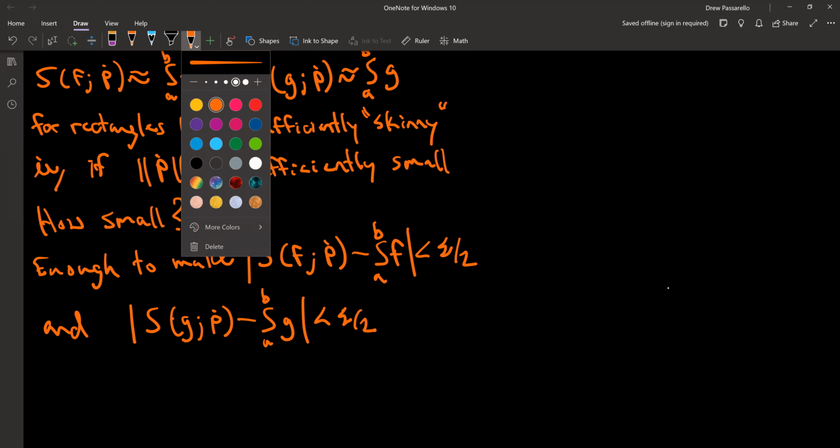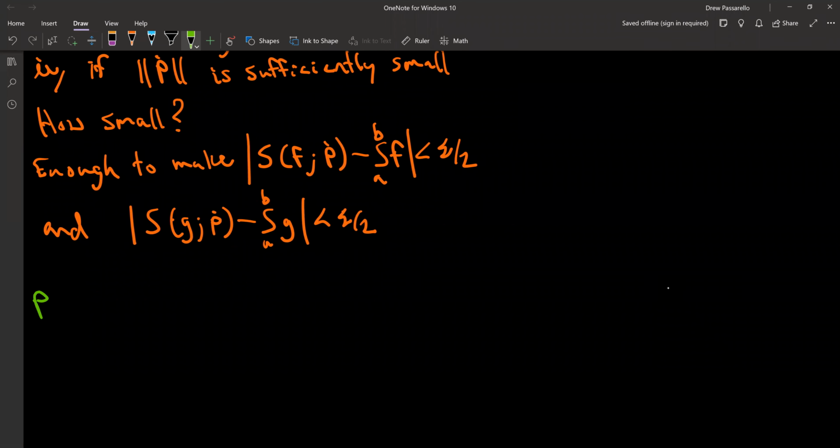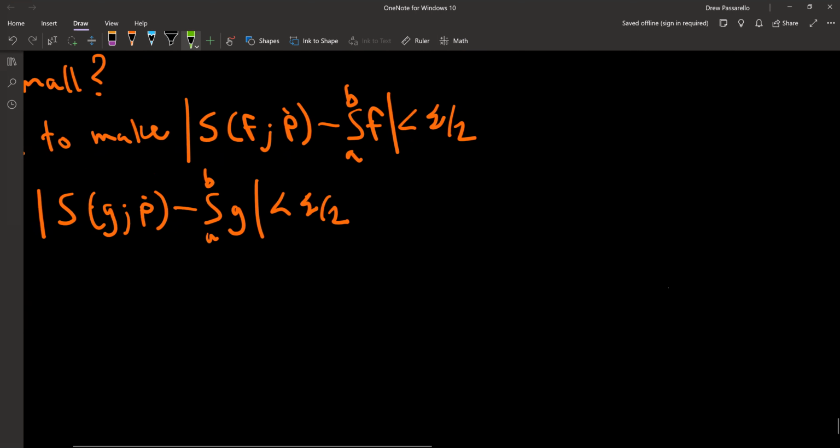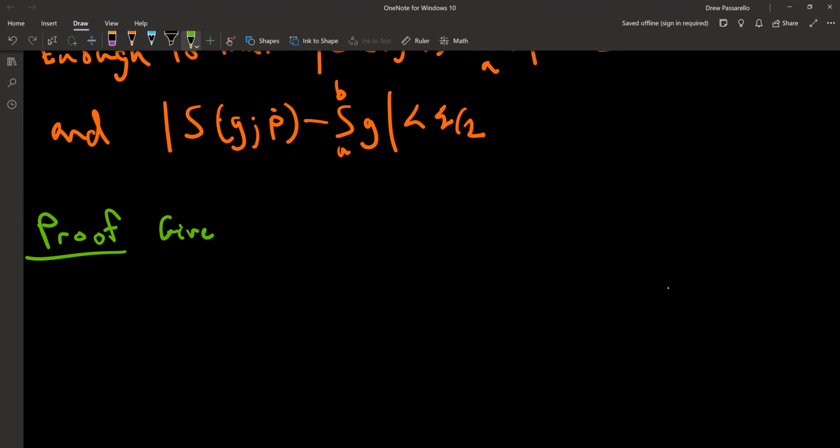So now the actual proof. All right, so given epsilon, we know f and g are each Riemann integrable.